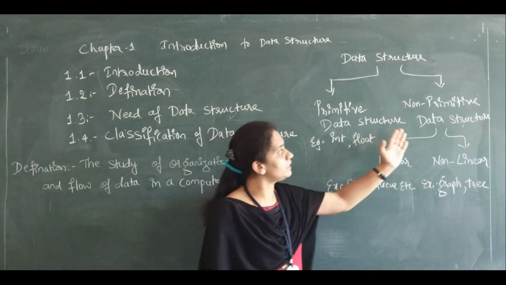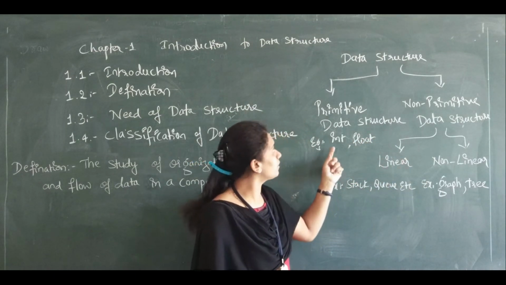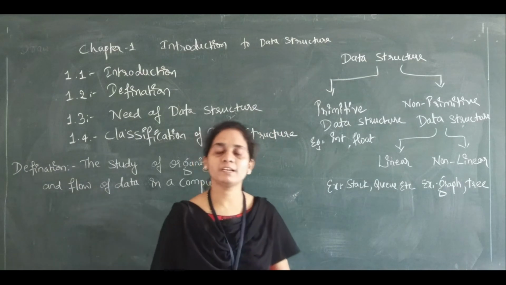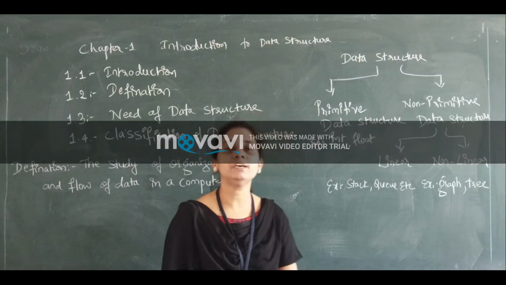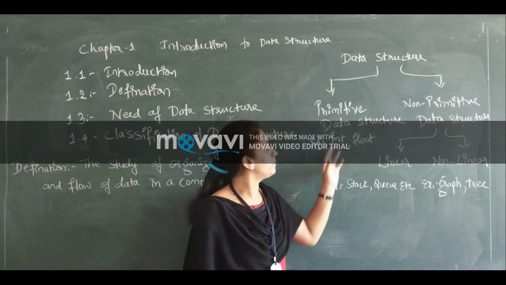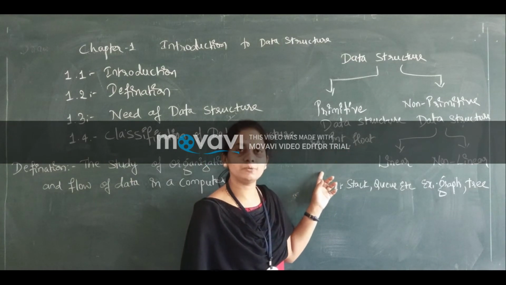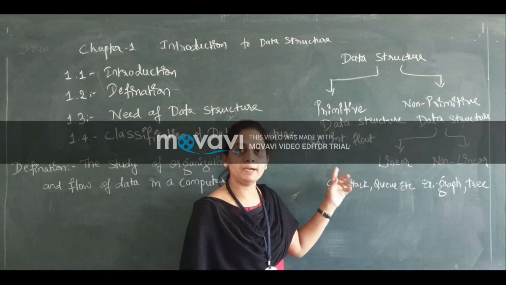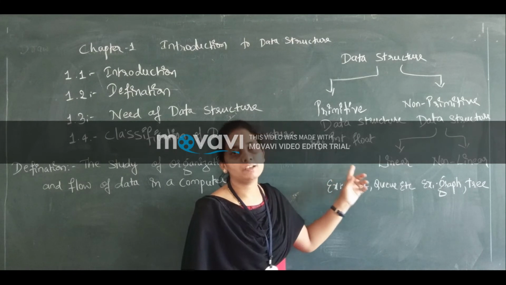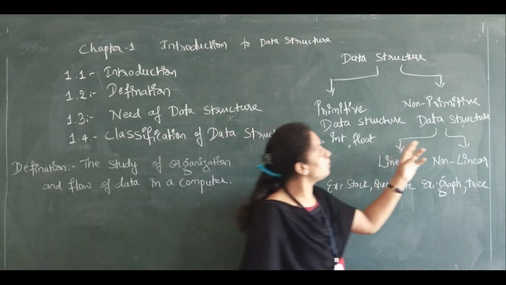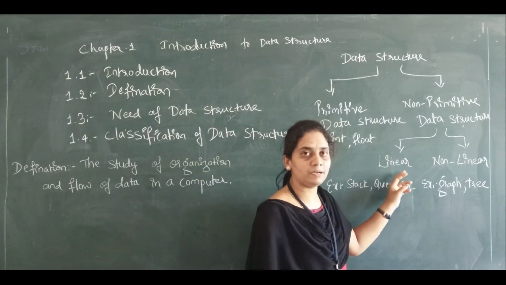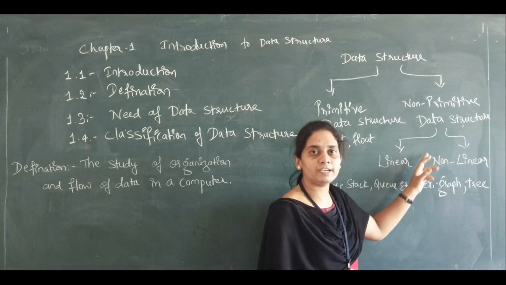We are going to study what non-primitive data structures are. Before that, primitive data structures are nothing but the building blocks of any data structure. Next, non-primitive data structures are user defined data structures.